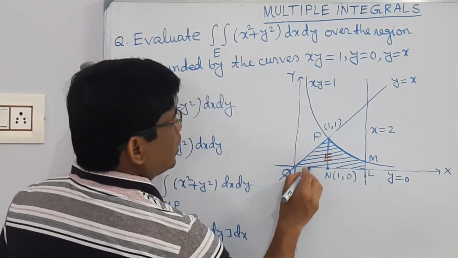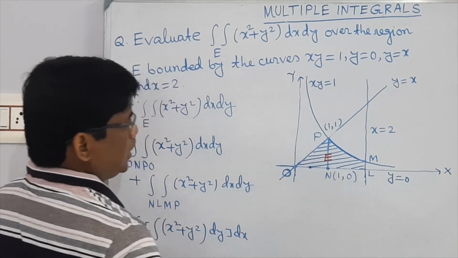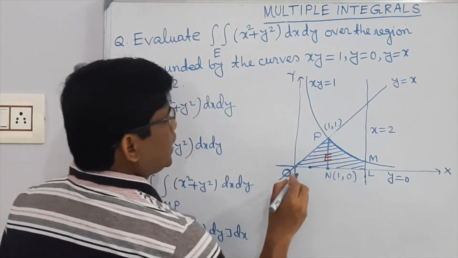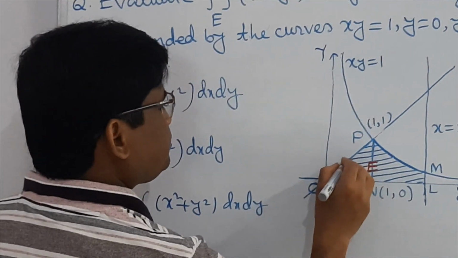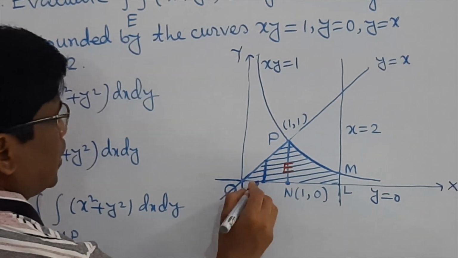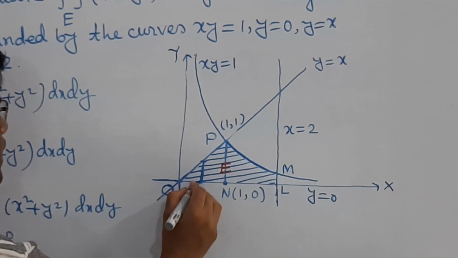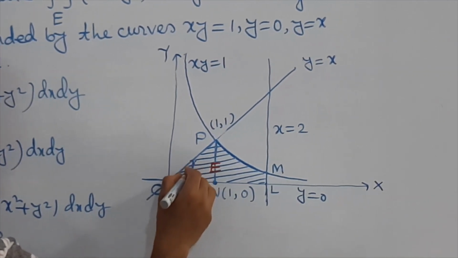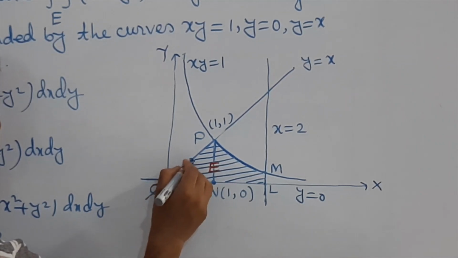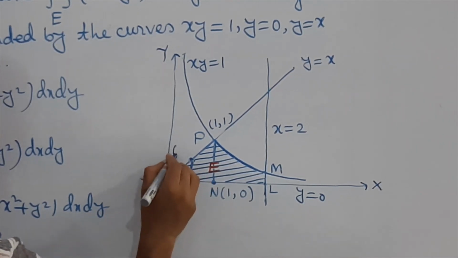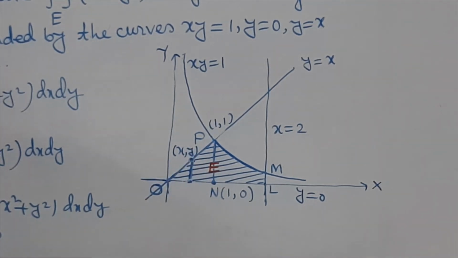Choose a particular point and draw a line parallel to the y axis. This line segment is the y ordinate of an arbitrary point (x, y) on the line y is equal to x.